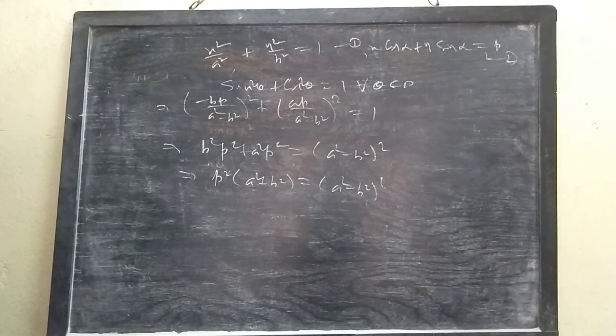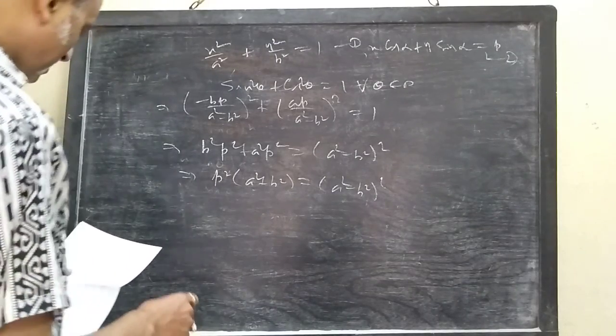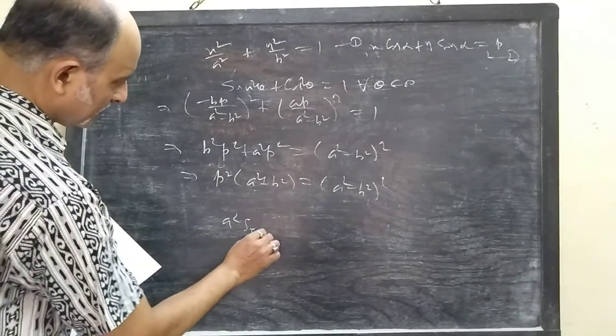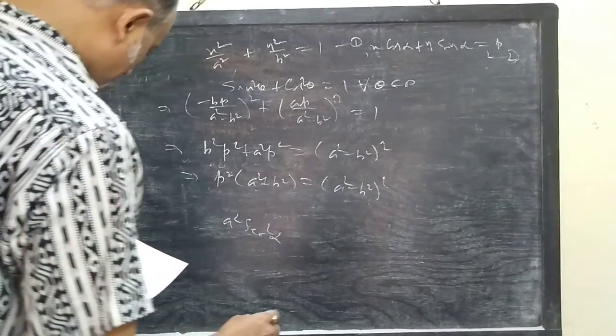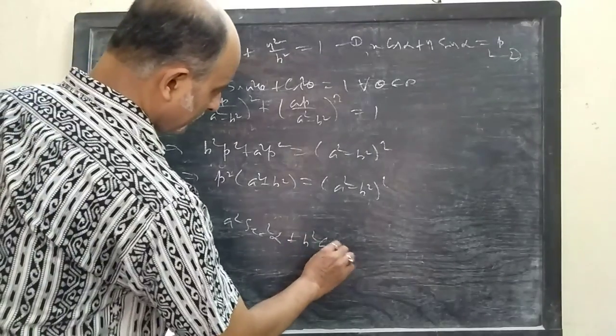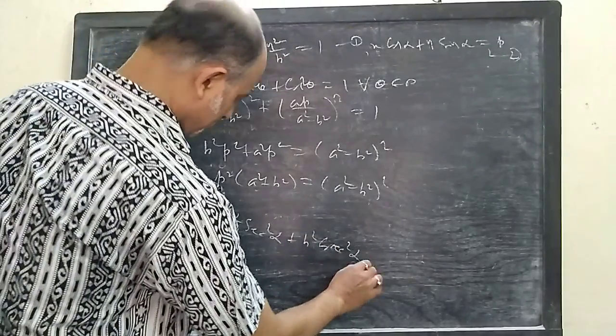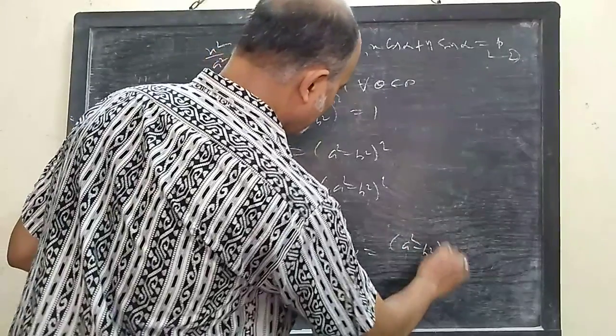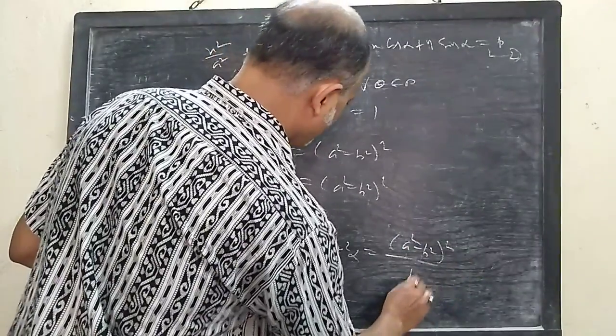We have done some mistake somewhere. We will try it. The condition is this way: a square sec square alpha plus b square cosec square alpha is equals to a square minus b square whole square by p square.